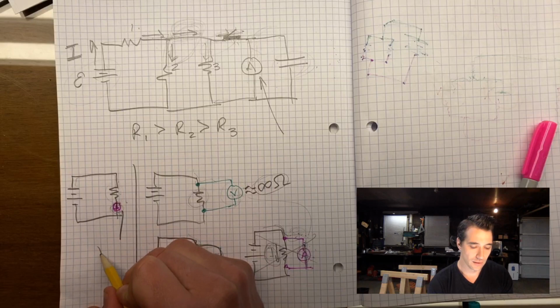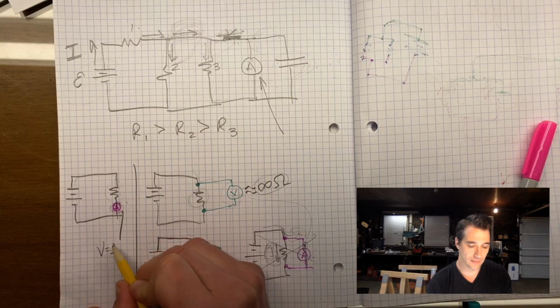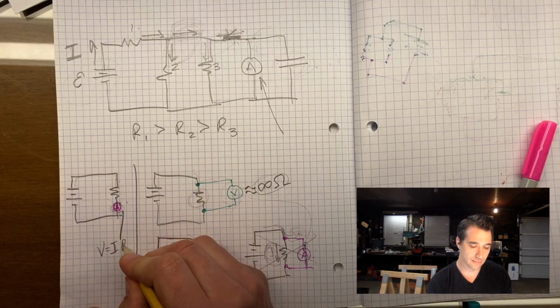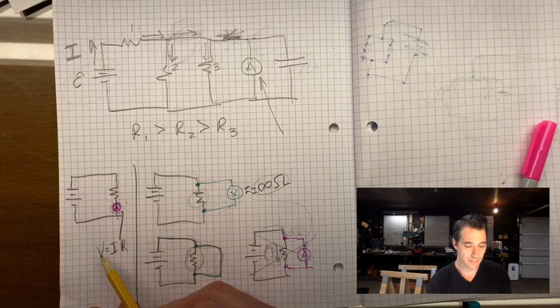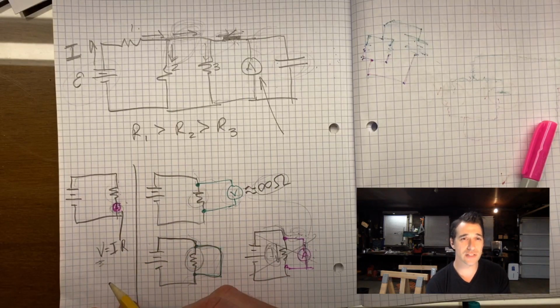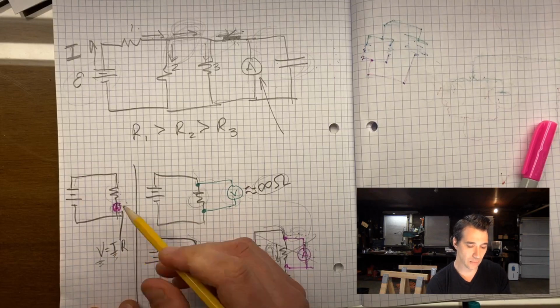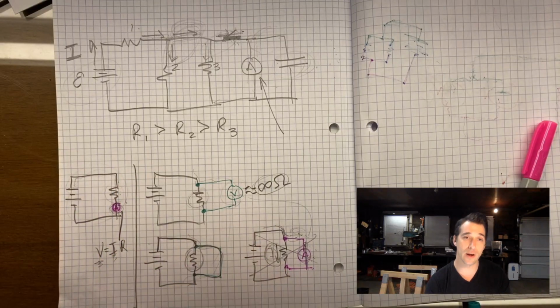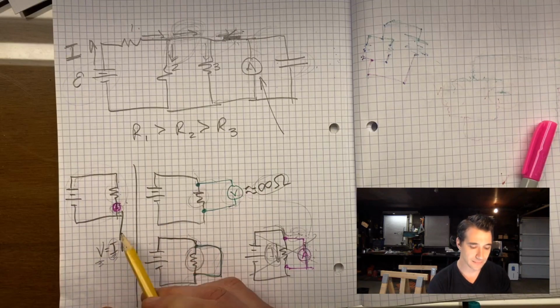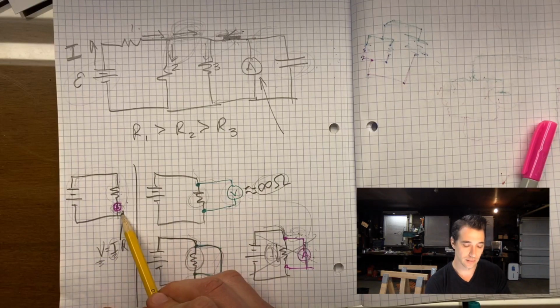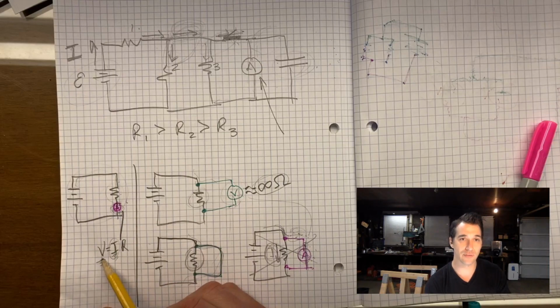Well, we want the current to go through there, but we want V to be as small as possible, but the current is going to be whatever it is in the circuit, right? We want to measure whatever it is. If it's big or small, we want to know what this is. That's what our ammeter is doing. But we don't want to have a big voltage drop.